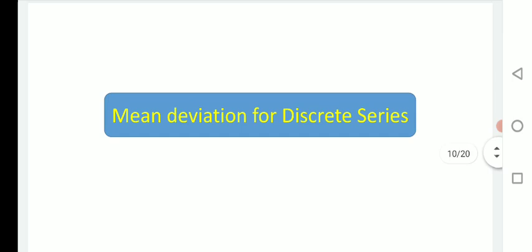Now next we have to find out how to calculate mean deviation for a discrete series. For a discrete series there is one additional thing we have to do, we have to find out the frequency.